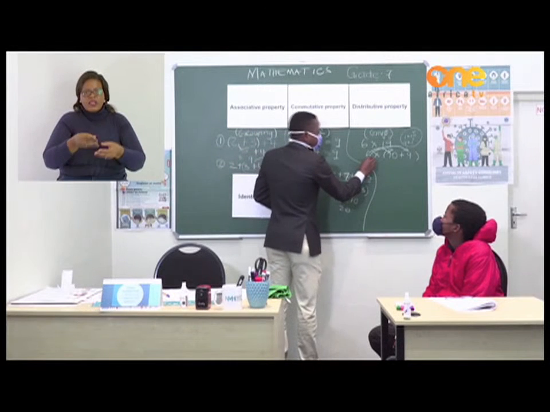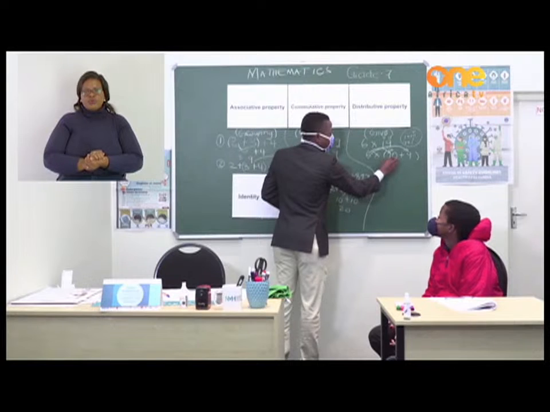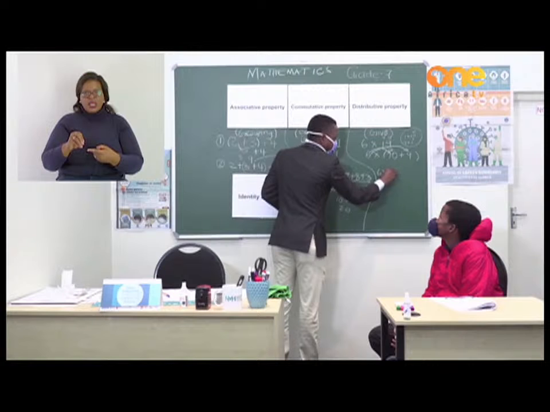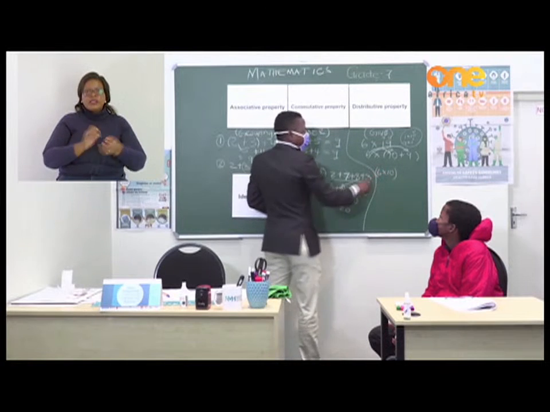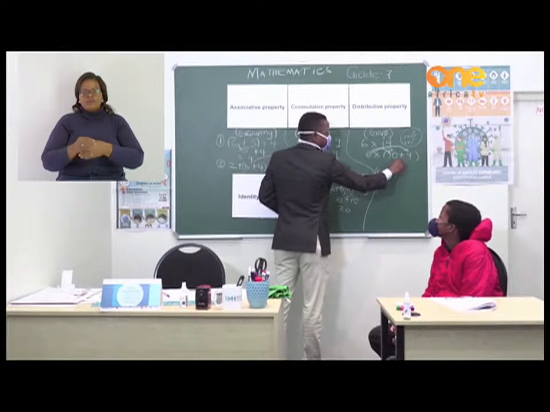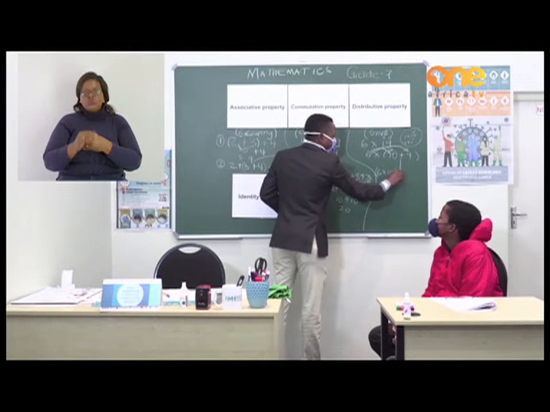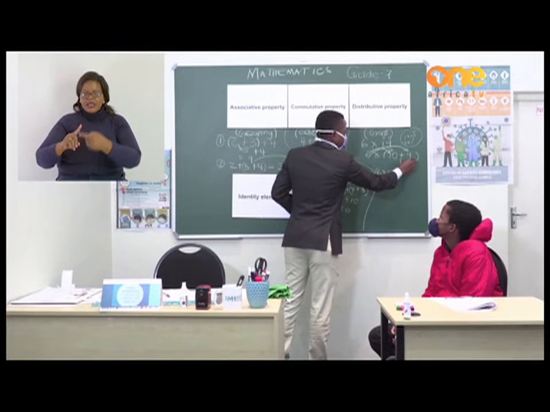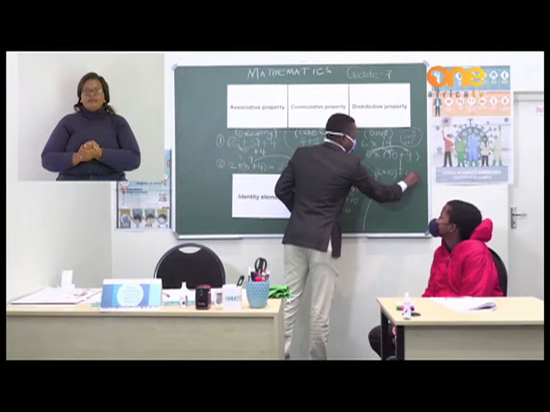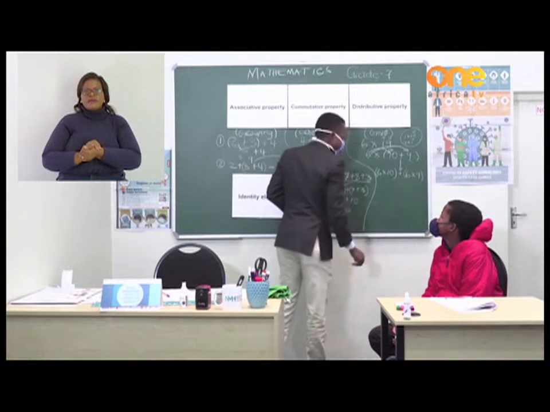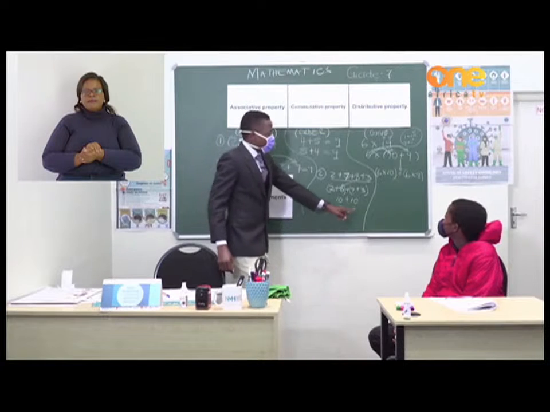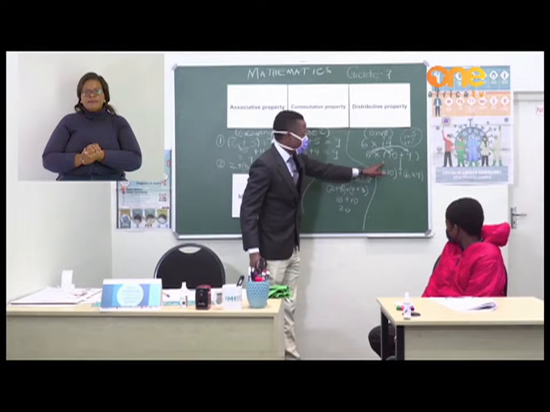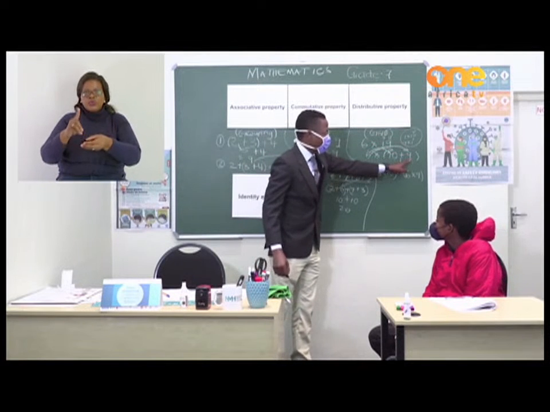So you have 6 times 10, there is addition here, which has to come down, plus 6 times 9. 6 given to 10, 6 given to 9.